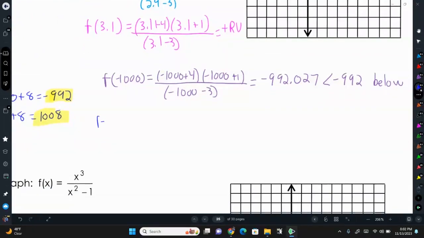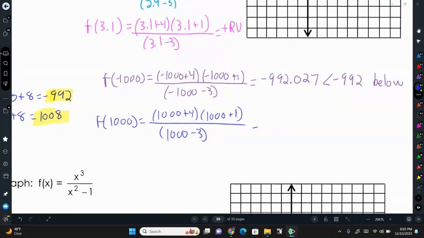Then we're going to substitute in positive 1,000. So 1,000 plus 4 times 1,000 plus 1 over 1,000 minus 3. And I get 1,008.028, which is larger than 1,008, so above.